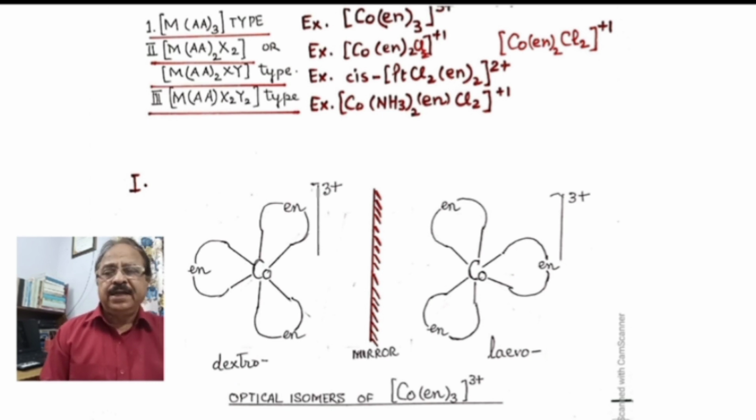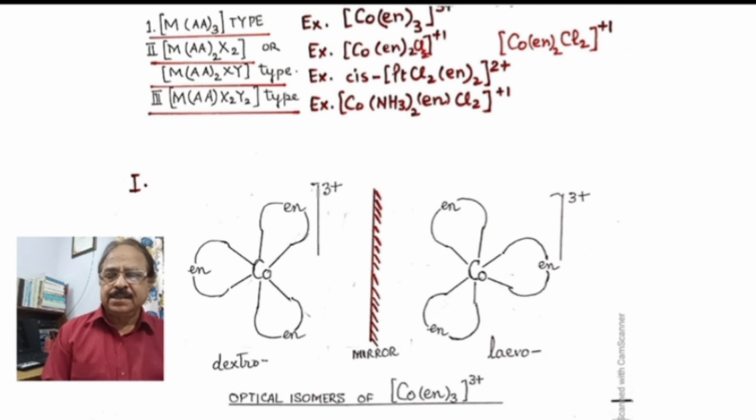A bidentate ligand is represented by AA. So 3 bidentate ligands are bonded, and the example I have taken is that of a cobalt complex. What is its name, students? It is tris(ethane-1,2-diamine)cobalt(III) ion.